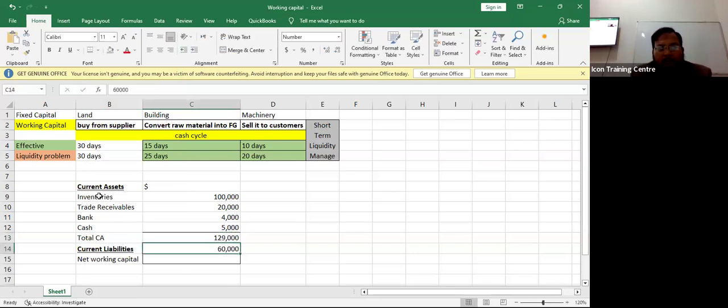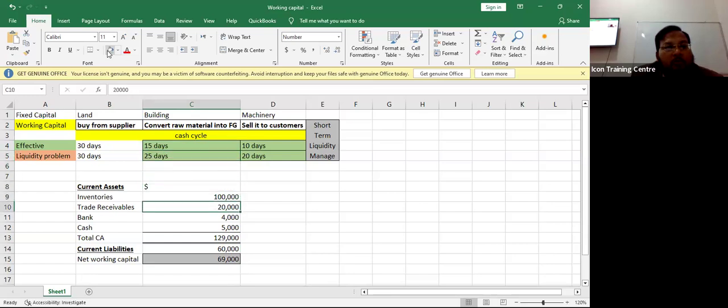This is your sum, so it will be this minus this. Now, do you think that this is a good net working capital? Yes, it is good because your current assets are higher. I mean, you can easily meet your current liabilities. But the point is, you need to compare it with your inventory days.